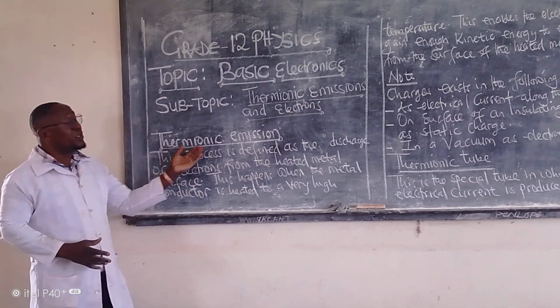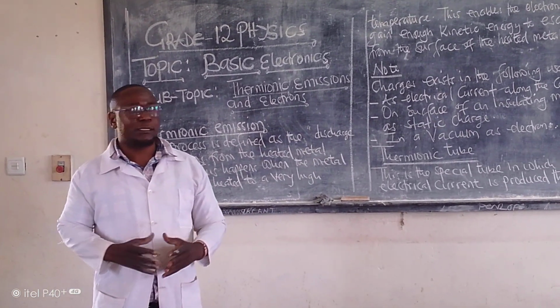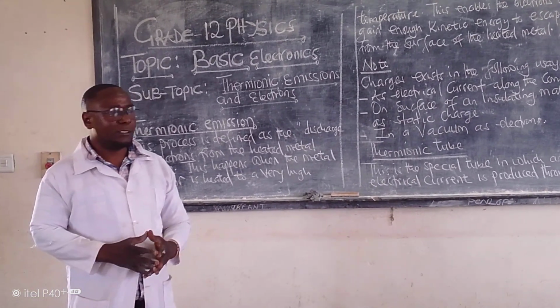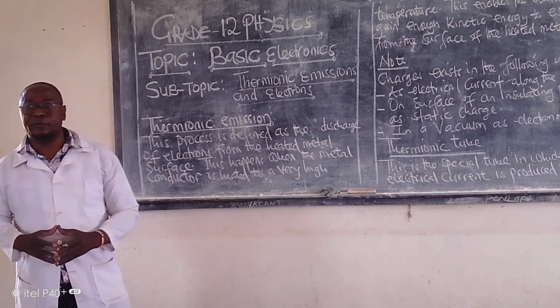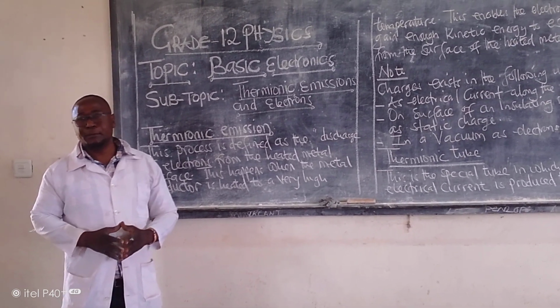So what is thermionic emission? Thermionic emission as a process simply means the discharge of electrons as a result of a metal being heated up at a very high temperature.